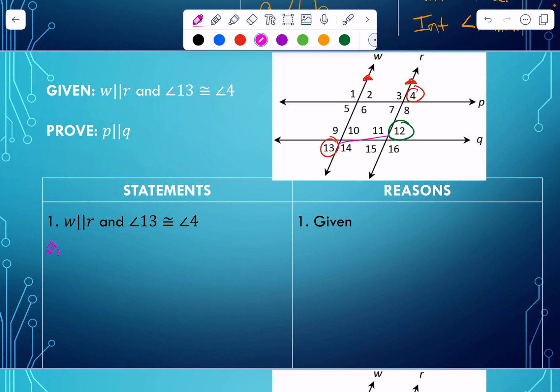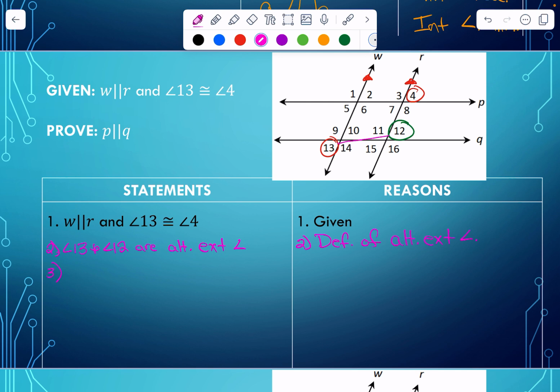So we're going to start off by saying angle 13 and angle 12 are alternate exterior angles. Why? By definition of alternate exterior angles.